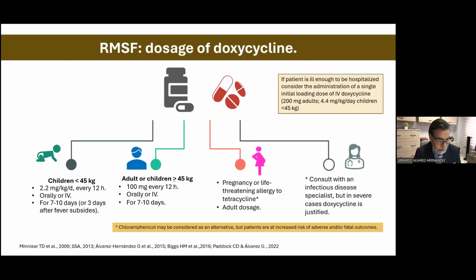Here, I just give you a summary of the dosage of doxycycline for children and adults. We need to know that in some patients that have documented allergy to tetracyclines, the alternative is chloramphenicol.